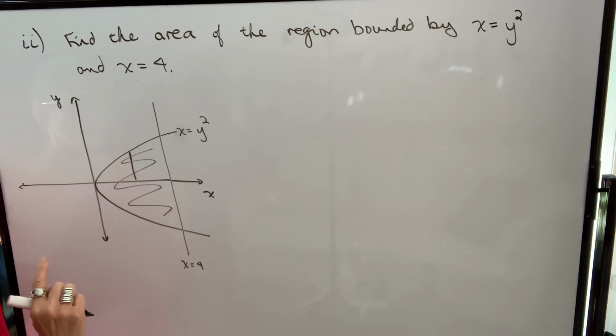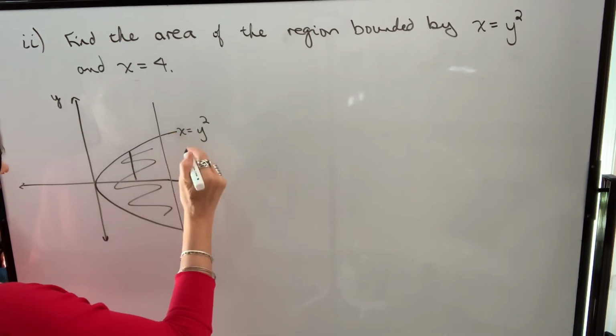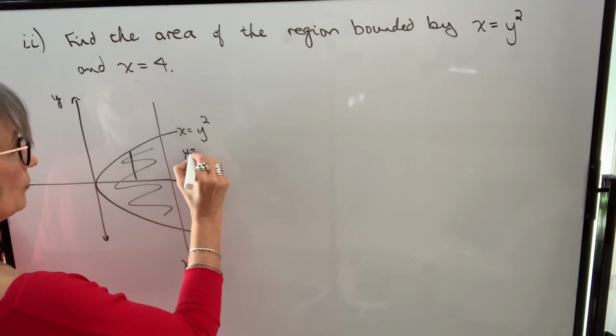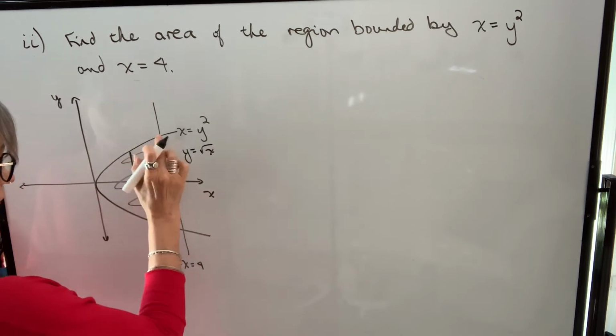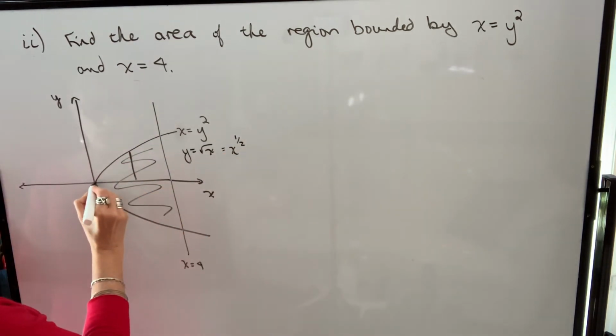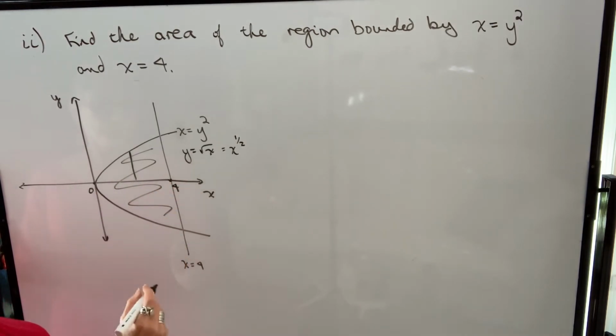So if I do this in terms of x, I need to write this curve in terms of x. So if x equals y squared, then y will equal the square root of x, the top curve here, or x to the 1/2. I've got my a and b value, 0 and 4. I don't need to calculate my points of intersection.